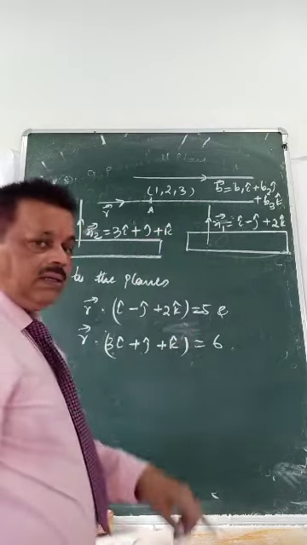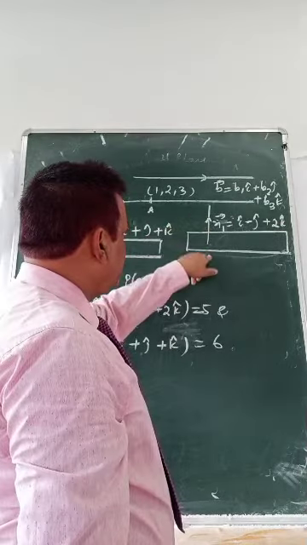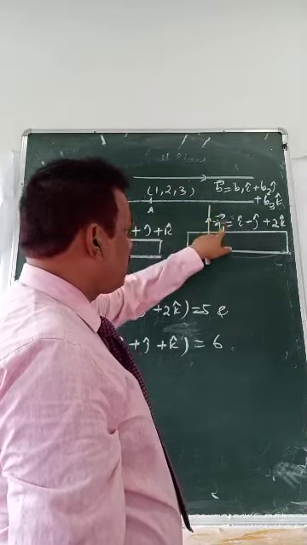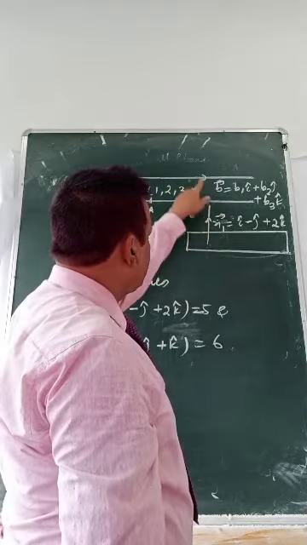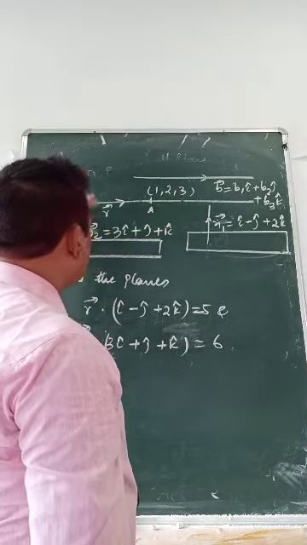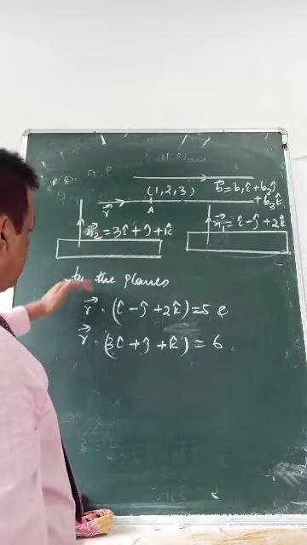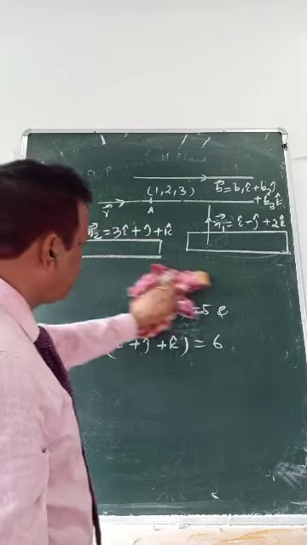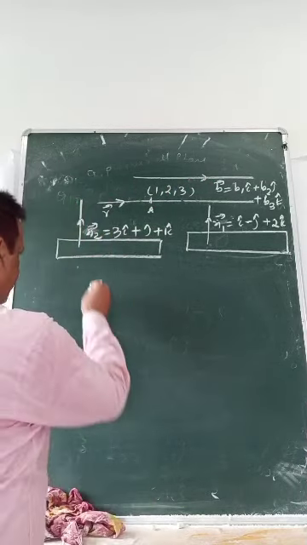Now I told you earlier, when you compare a line and a plane, you have to compare its parallel vector and normal. What is the relation? Perpendicular. This is also perpendicular. So first you write the equation of the line.